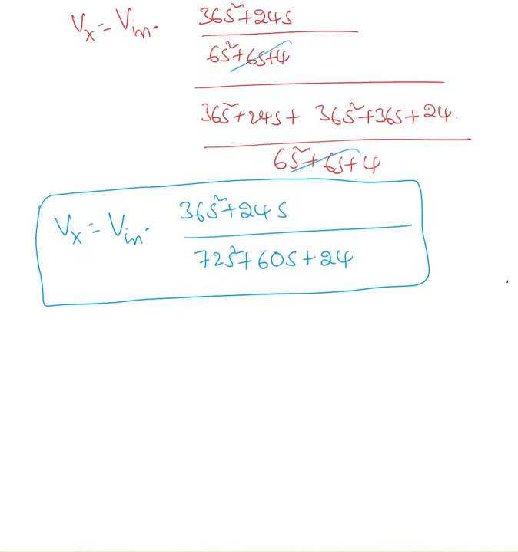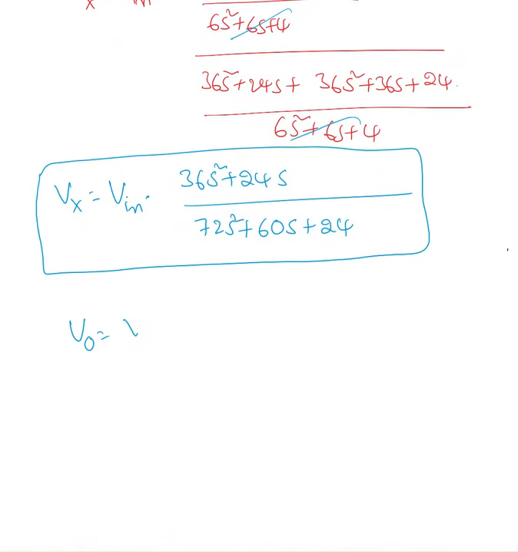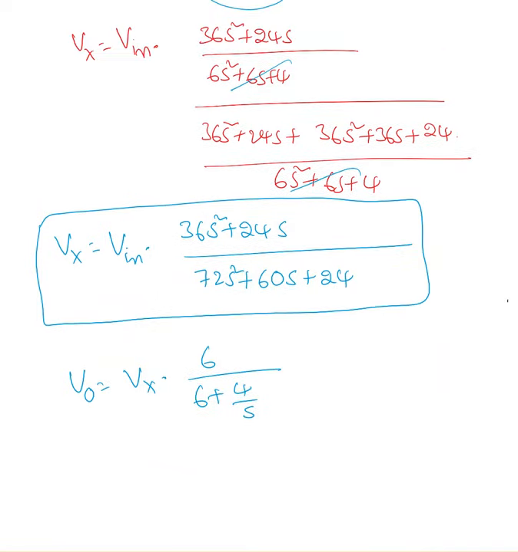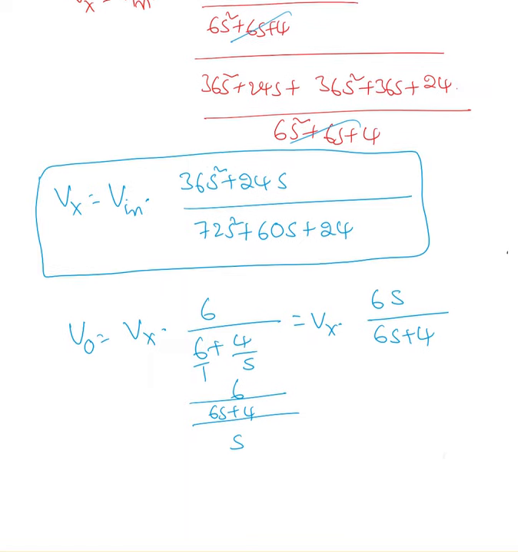So V naught equals Vx times 6 over 6 plus 4 over s. If I simplify this, Vx times 6s over 6s plus 4. What I did, I moved this s, basically I found the common factor, so I moved this s to the numerator, so I end up with 6s over 6s plus 4.